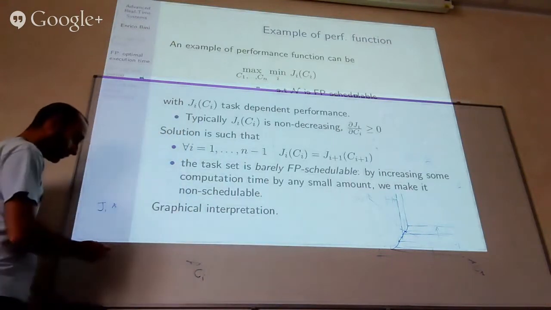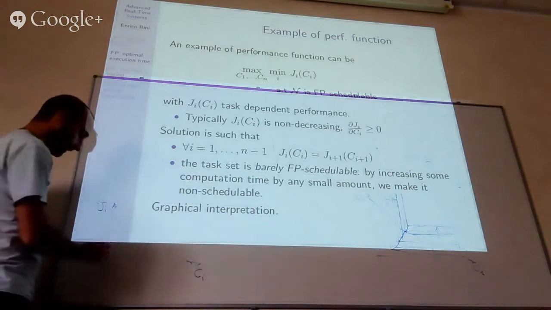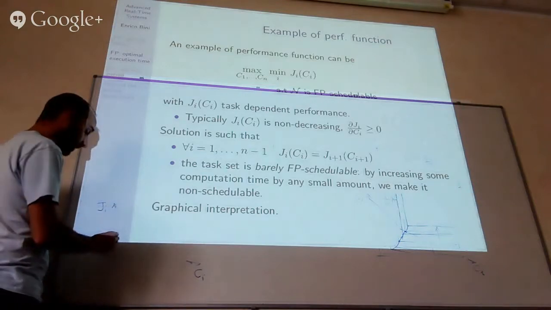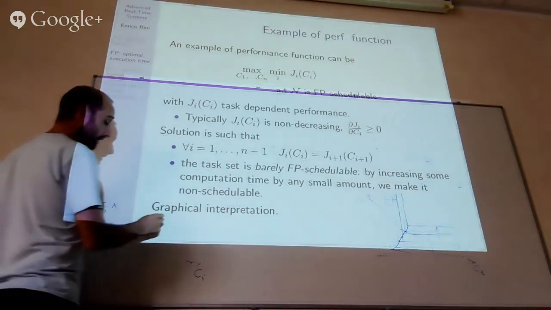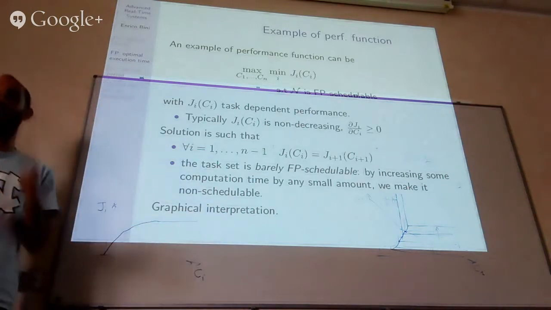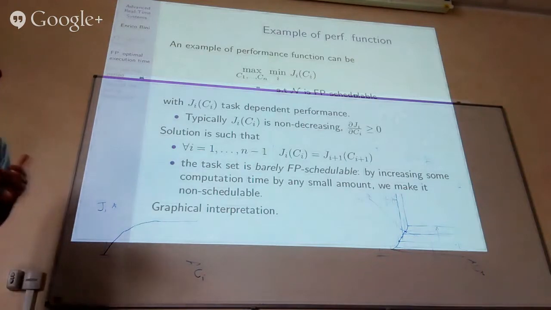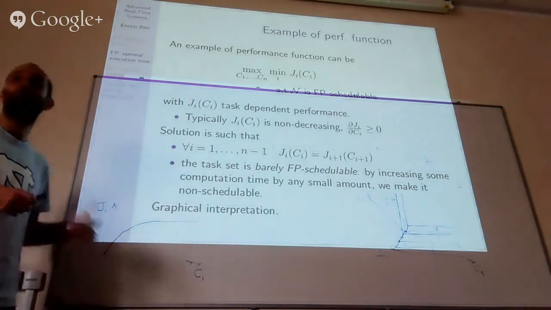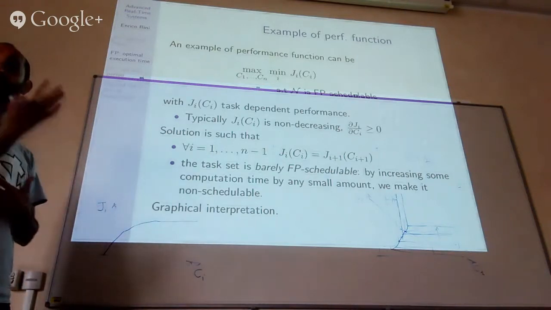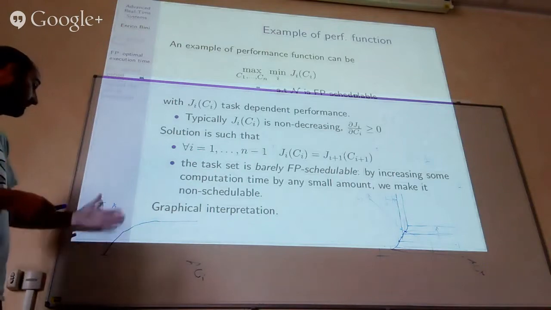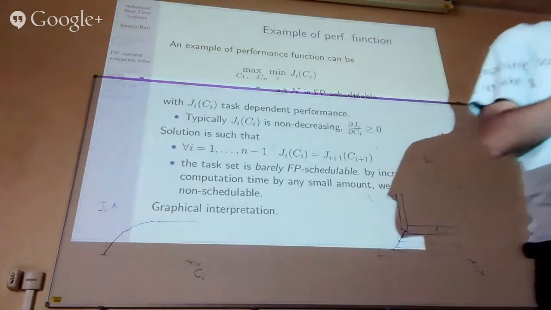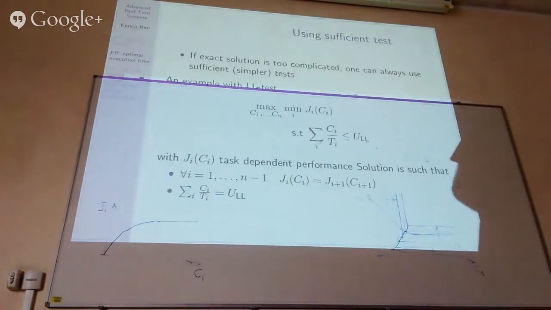Typically, if you do not execute, you have no accuracy. When you execute for some time, you have some accuracy, but maybe you saturate. At some point it doesn't matter because of the numerical precision of the machine, and you don't gain anything by executing too much. And you have to think that each task does something different on its own, and maybe every task has a different function. Is it more clear? Hopefully.